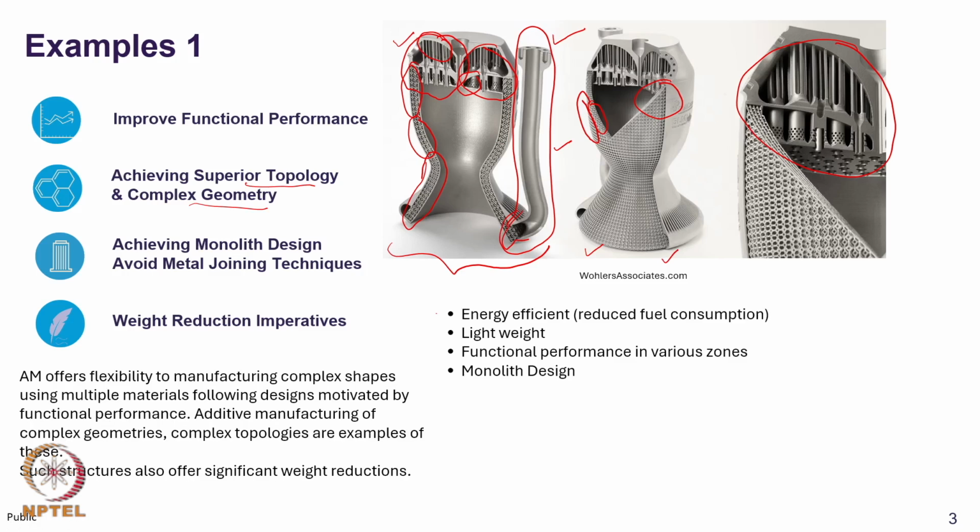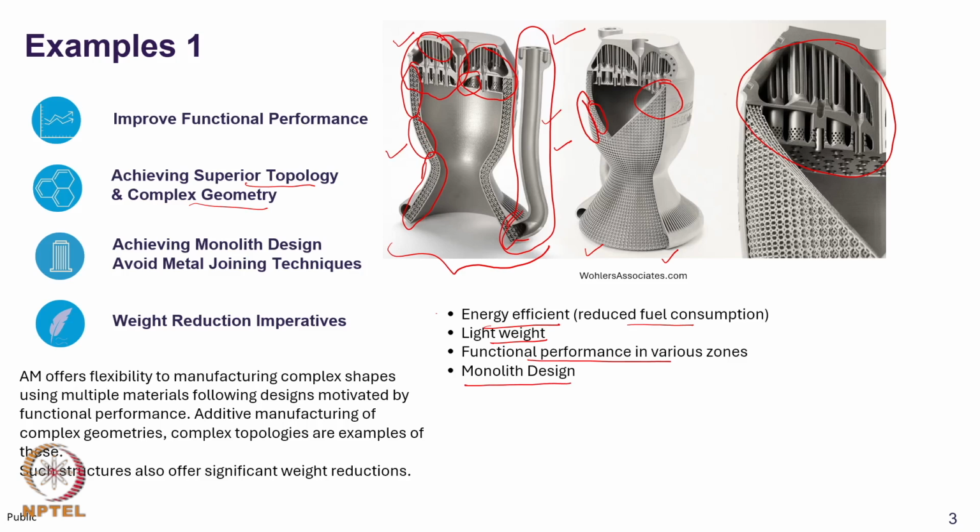The structure so made is energy efficient, it uses less fuel, it is lightweight, and it offers functional performance in various zones. Wherever we want better fluid flow, it offers that. Where it needs less heat extraction, it offers that as well. Overall, it is a monolith structure.